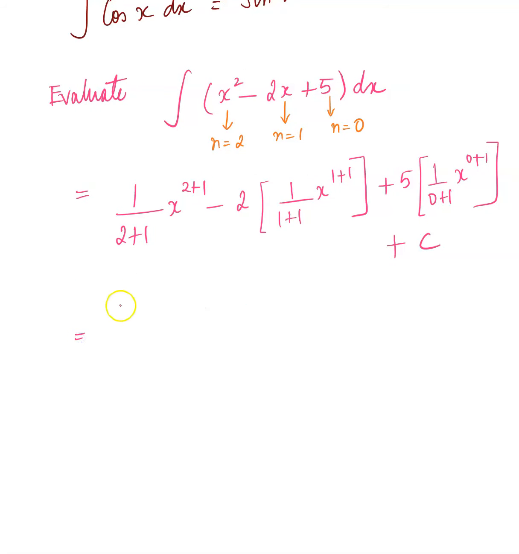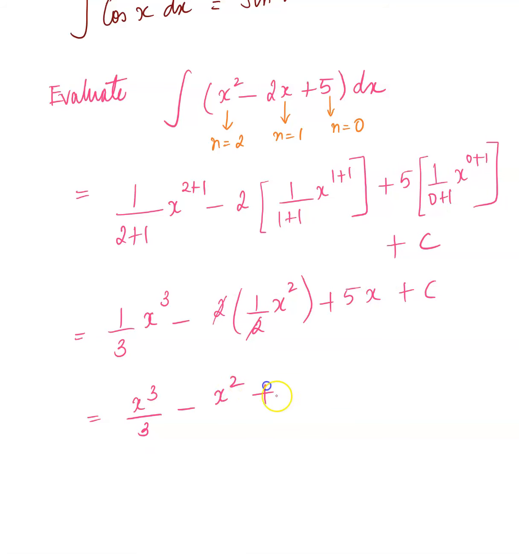So we have 1 over 3 x cubed minus 2 times 1 over 2 x squared plus 5 times x plus c. The 2's will cancel off. So that's x cubed over 3 minus x squared plus 5x plus c. This would be our answer, right?